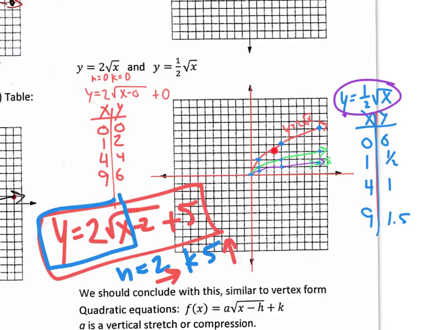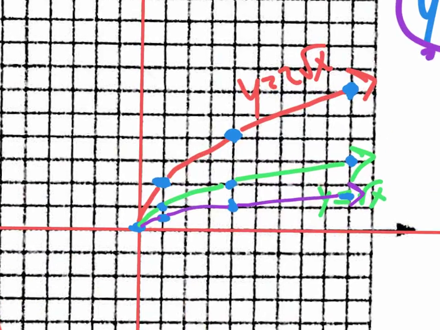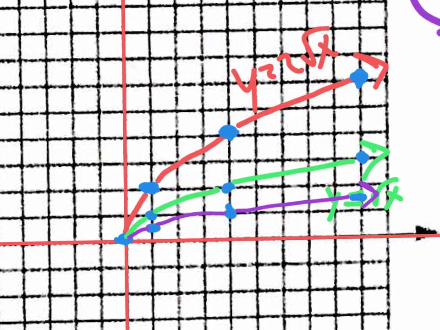It's that red line. All you'd have to do now is get your h and your k and shift your red line right here, the y equals 2 square root of x, shift them 2 to the right and 5 up. So all you'd have to do is go to this red line and move this original starting point 2 to the right and 1, 2, 3, 4, 5 up. So this is your new starting point.